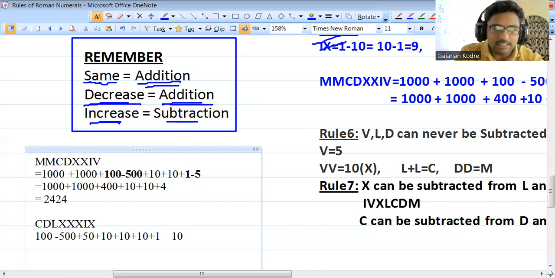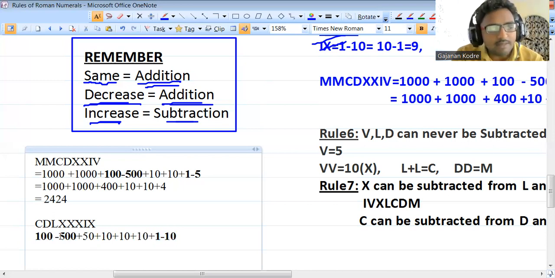For decrease, again addition. And 1 and then 10, yes, increase. So here, subtraction. So first, as you know from the previous example, first we need to do the subtraction. So first complete the subtraction.